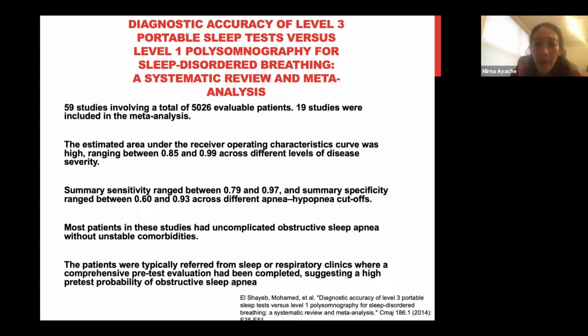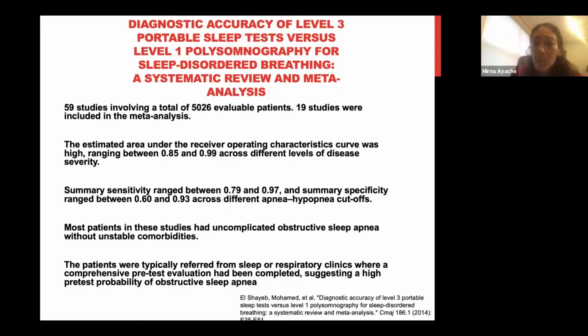This is a meta-analysis that was done, and they looked at 59 studies with a total of 5,026 patients. There's some variation in the studies, but overall there was good homogeneity among the studies. They found the AUC, the area under the curve for the ROC, of between 0.99 to 0.85 across different levels of disease severity.